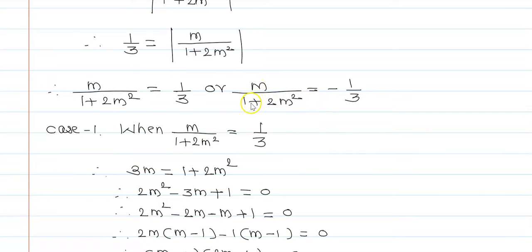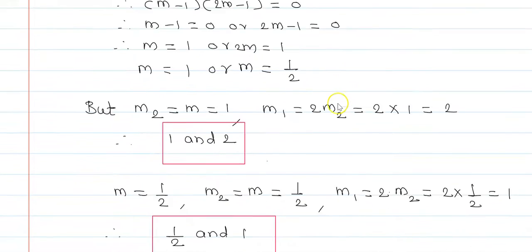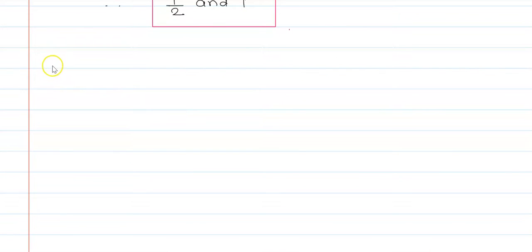That is m upon 1 plus 2m square is equals to minus 1 by 3.